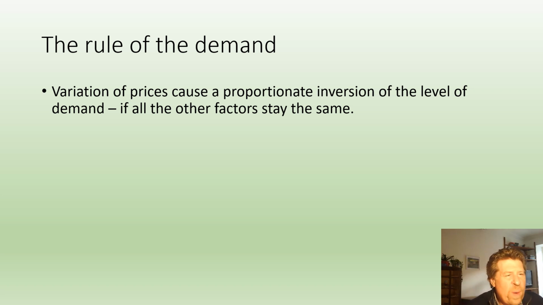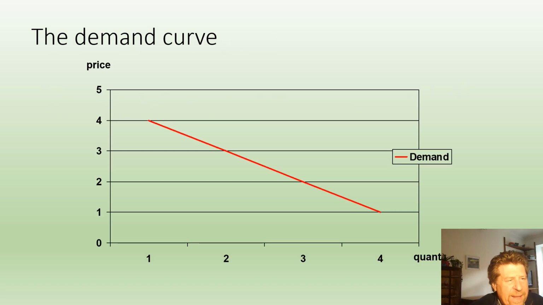Okay, so we can see this would produce a graph like this. So here you've got the price, and as the price gets cheaper, so the demand, the quantity demanded, goes up. This is quantity, but it's quantity demanded when we talk about demand.